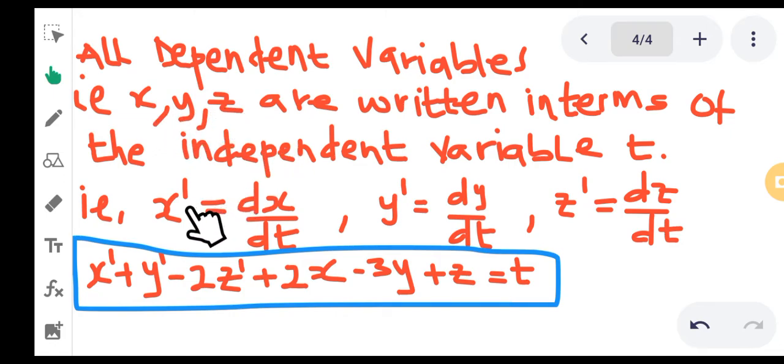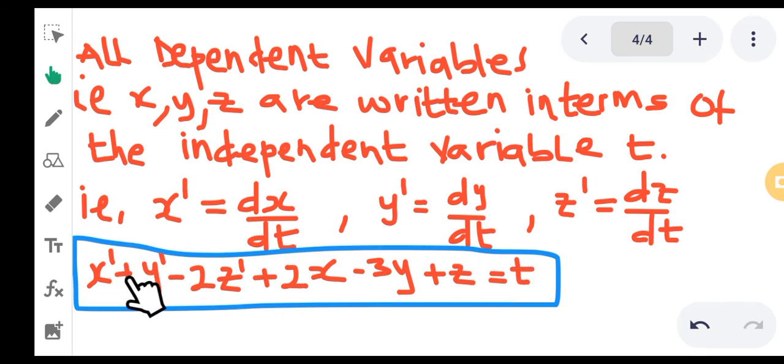For example, x prime is the same thing as dx/dt, written in terms of the independent variable t. Likewise y prime is dy with respect to t, and z prime is dz with respect to t.